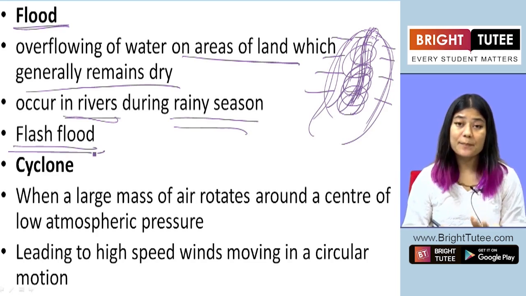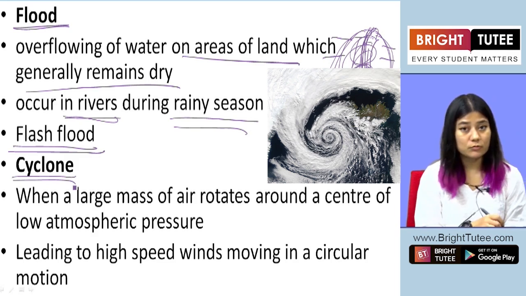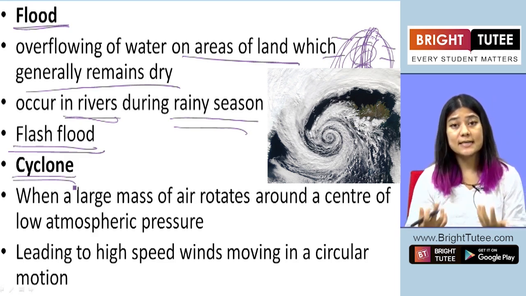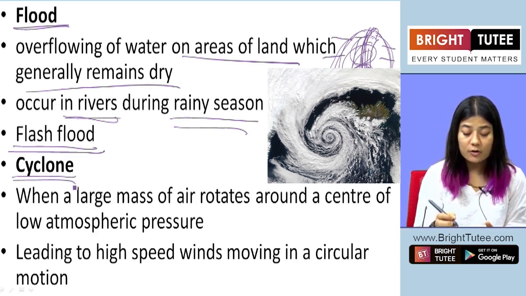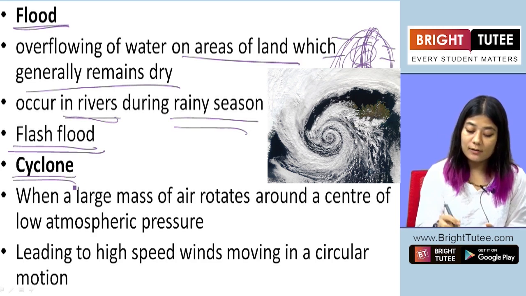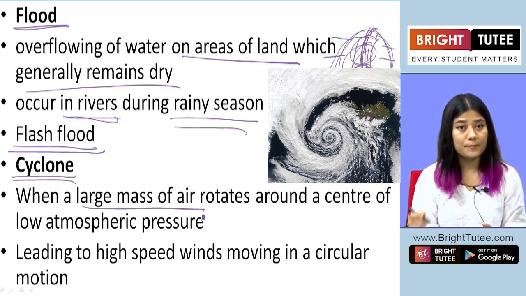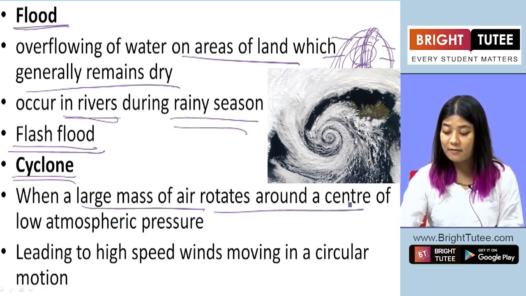Now the next type of disaster that we are going to see is called cyclone. What is a cyclone? Cyclones take place when a large mass of air rotates around a center of low atmospheric pressure.